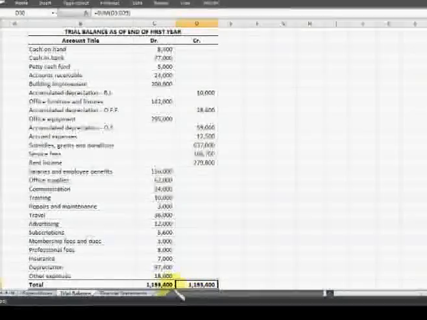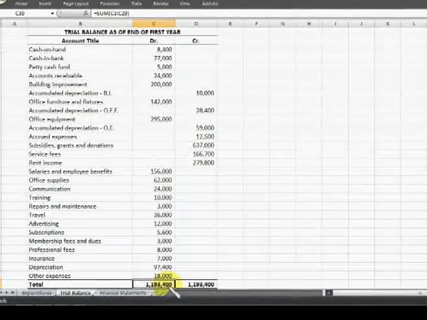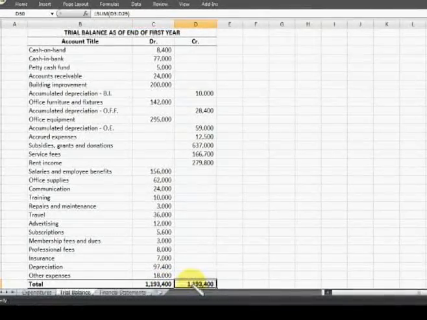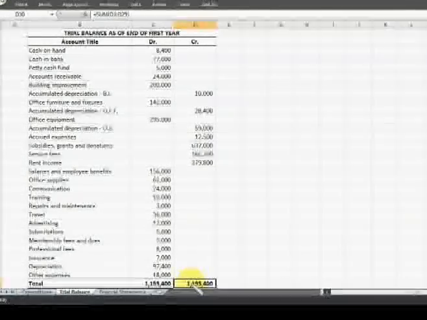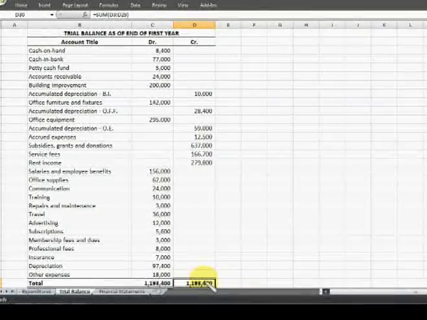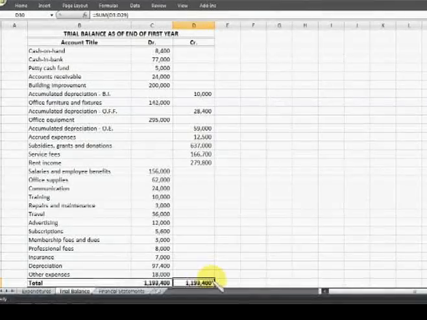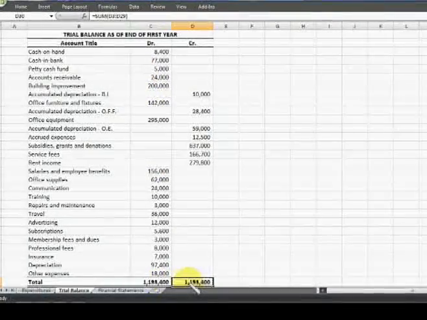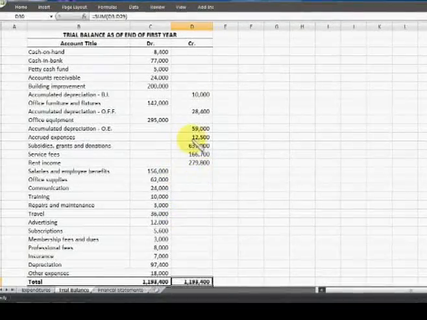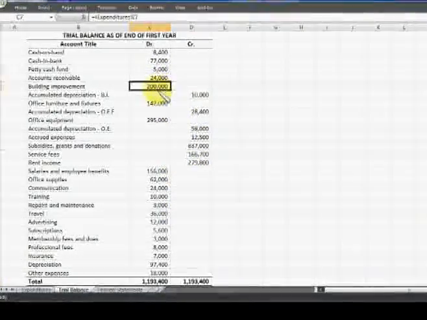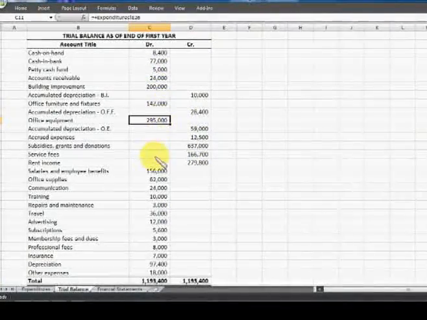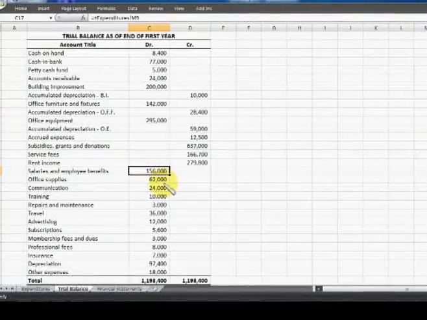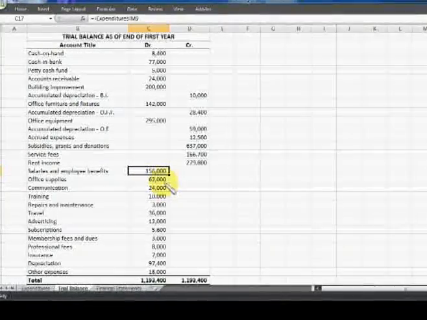Now, if the debits and the credits are not equal, then there's something wrong with the account balances in the general ledger, or something might be wrong in this trial balance, because it's possible that the amounts reflected here might not be the same amount that we will see in the general ledger.